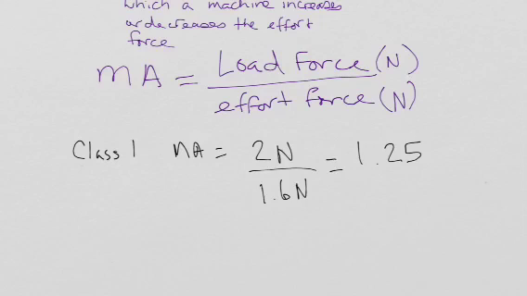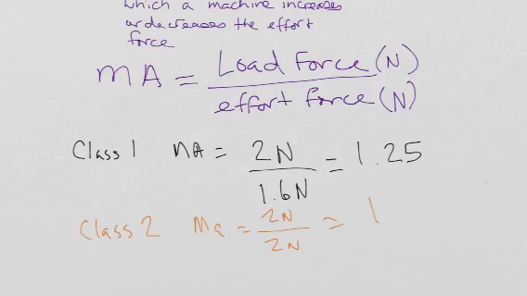So it has a mechanical advantage of 1.25. If we look at the Class 2 lever, the MA was equal to 2 newtons for the load because it didn't change, and also 2 newtons for the effort.